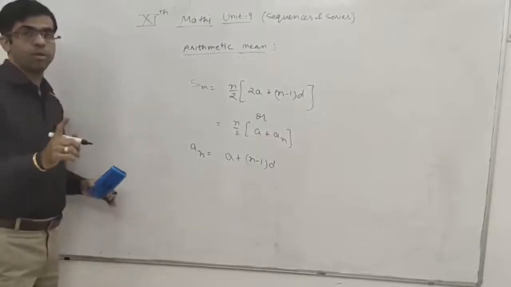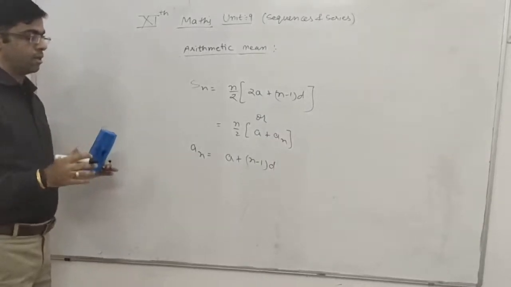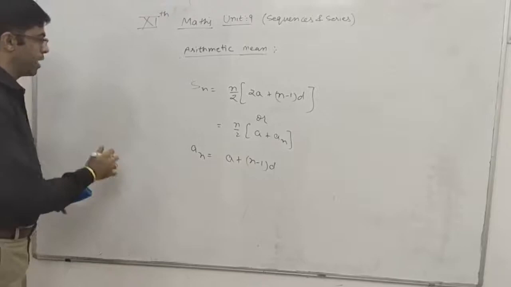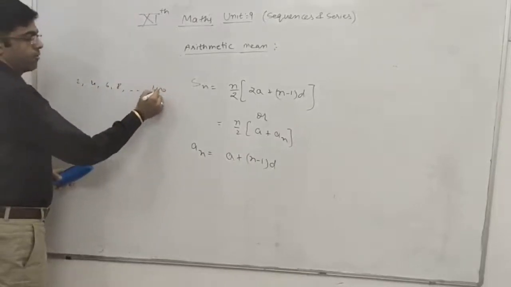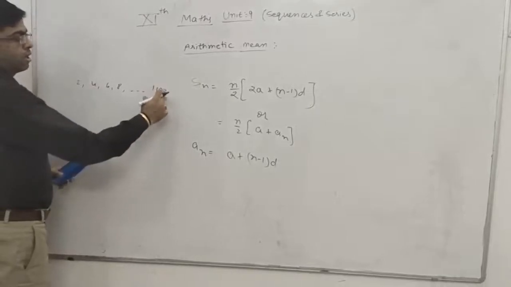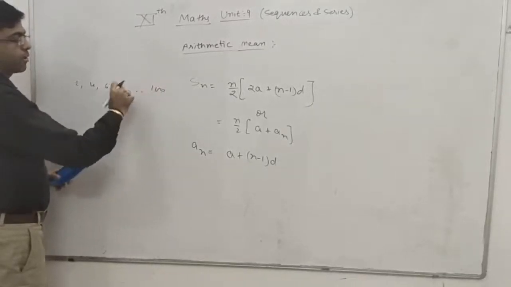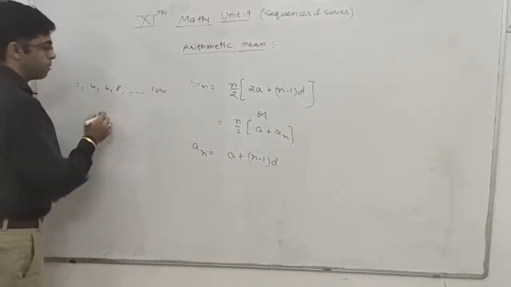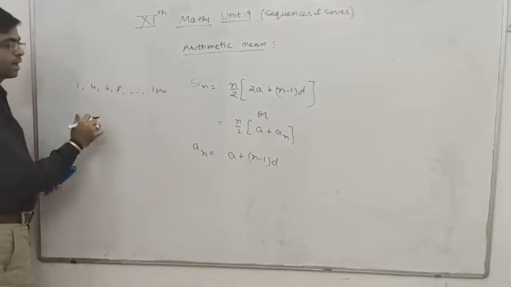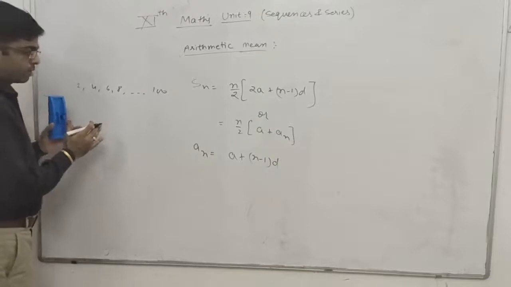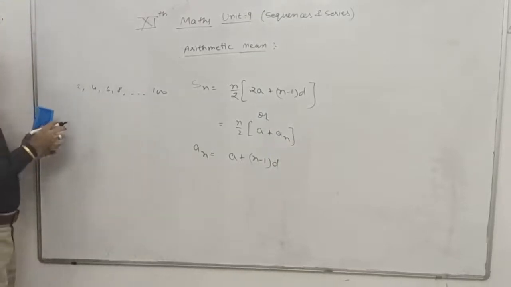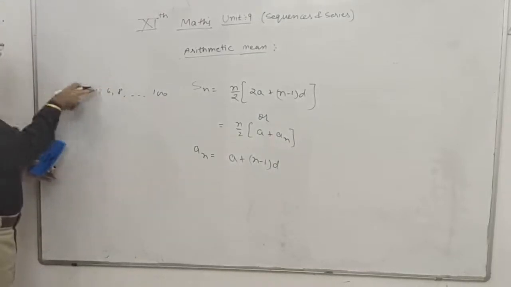And there is one more method to find the term from the end of the AP, like 2, 4, 6, 8, up to 100. If we want to find the 20th term from the end of this AP, we can find its position from the beginning.